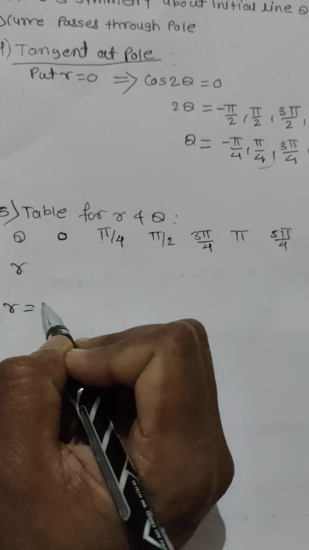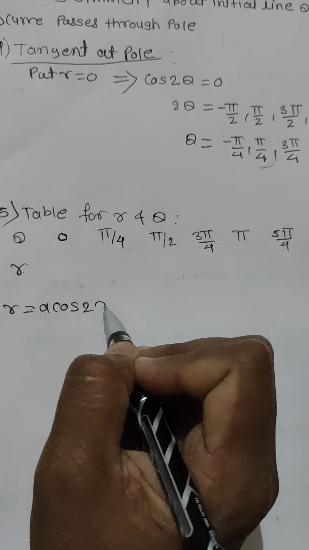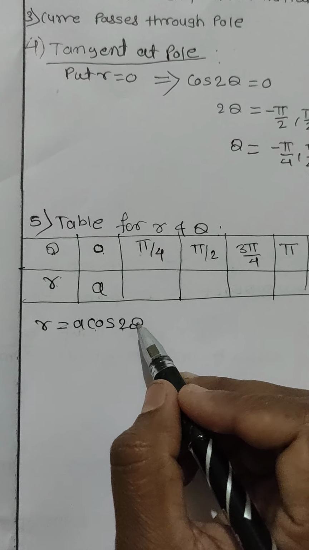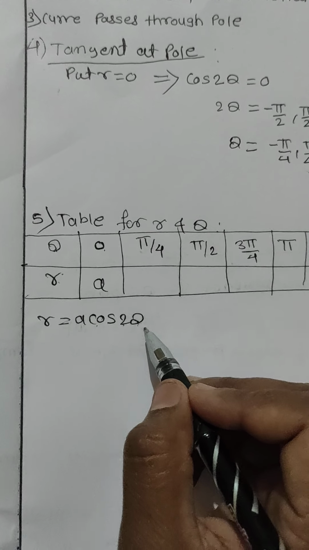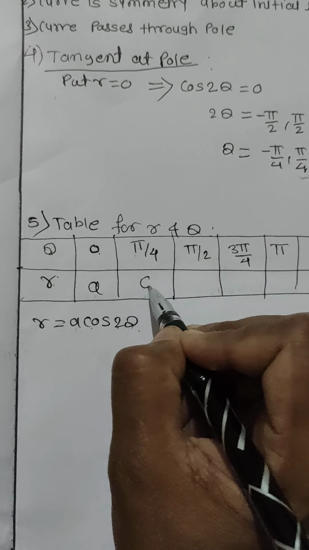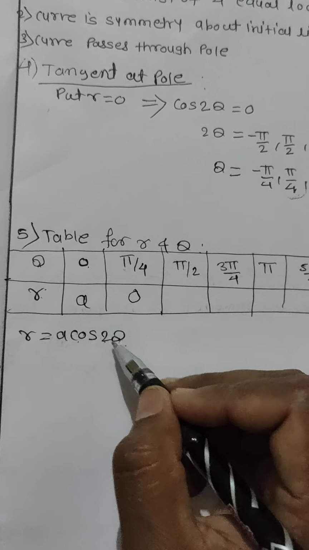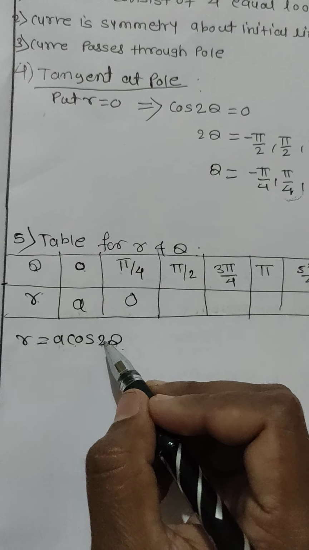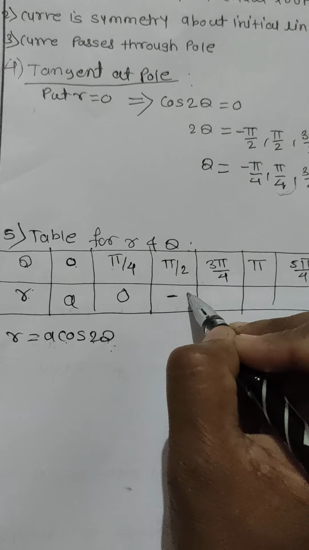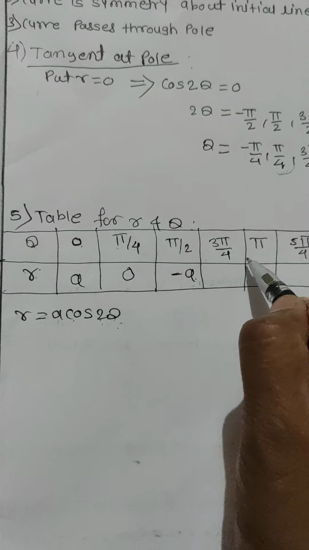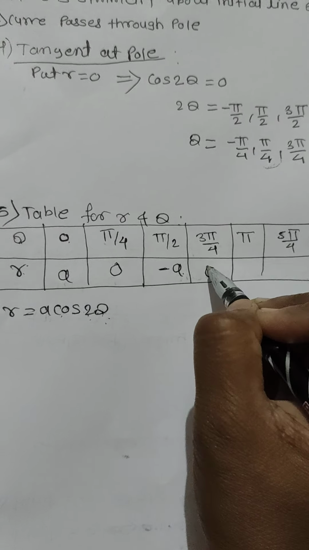So what is r? r is a cos 2θ. At θ = 0, cos 0 is 1, so we get r = a. At θ = π/4, 2 into π/4 gives cos π/2, which is 0. At θ = π/2, 2 into π/2, the 2s cancel, we get cos π, which is −1, so the value of r is −a. At θ = 3π/4, 2 into 3π/4 gives 3π/2, so cos 3π/2 is 0.